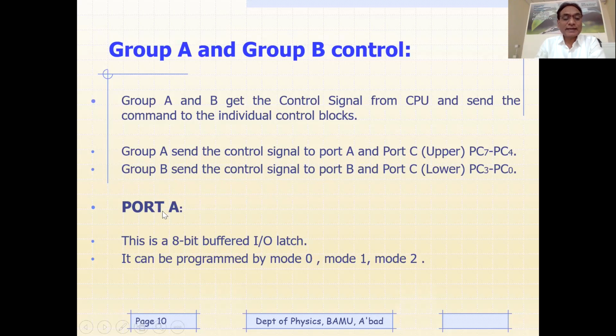Now this is more about port A. Port A is an 8-bit buffered IO latch. Buffered IO latch means it has both latching capacity as well as buffered capacity. If you remember, we always got an input buffer and output latch. Why input buffer? Because whenever you are sending data to the processor, you need a buffer circuit.